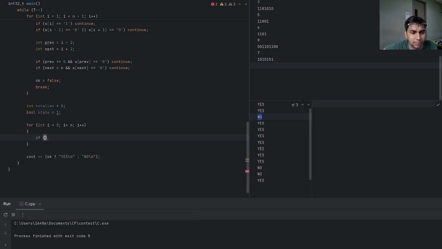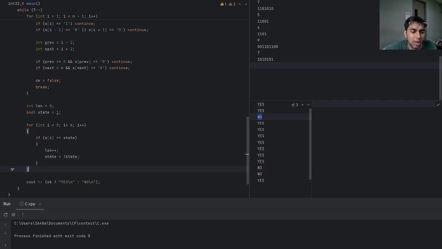Okay, so basically if S of I is equal to the state, then you do, let's call this len, you do len plus plus and you do state equal to not state. Yeah, it will change in that too.